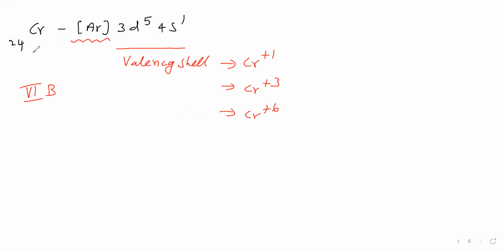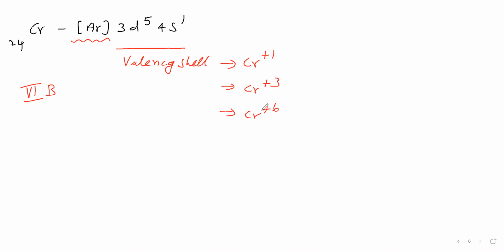Cannot. Why can chromium not donate 10 electrons? Because its valence shell does not contain 10 electrons. This argon part has 18 electrons. This part is not involved in chemical reactions as per experimental results. Only this part is involved in chemical reactions. So chromium can donate a maximum of 6 electrons.